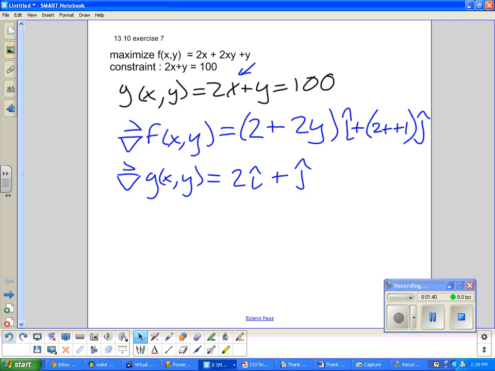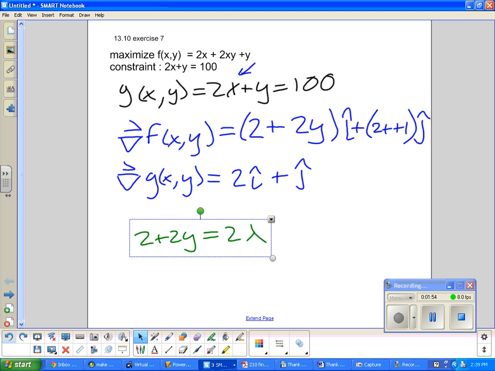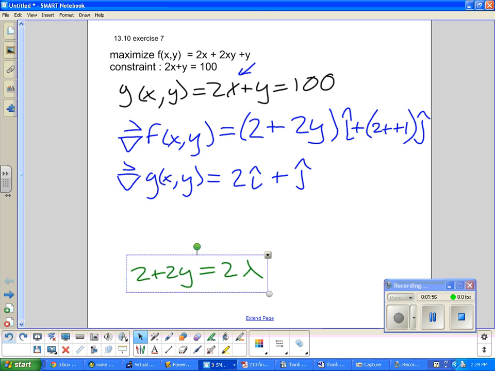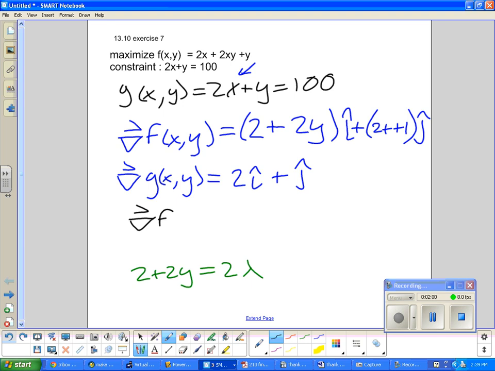Next, we're going to set our gradient functions equal to each other. So we're going to have 2 plus 2y is equal to 2 lambda, and as I should have specified before, what we're doing is the Lagrange theorem. Gradient of f is equal to the gradient of g times lambda to find the critical points.